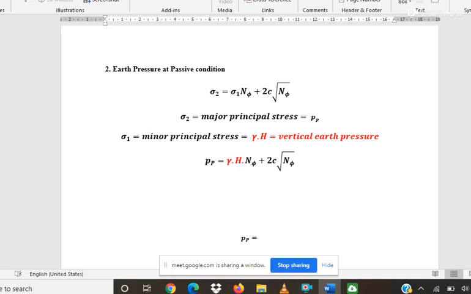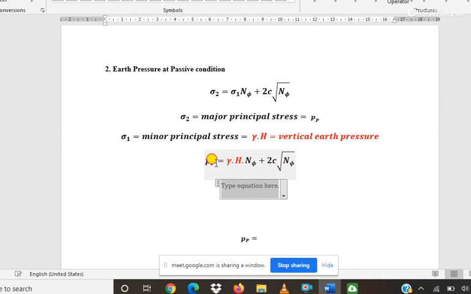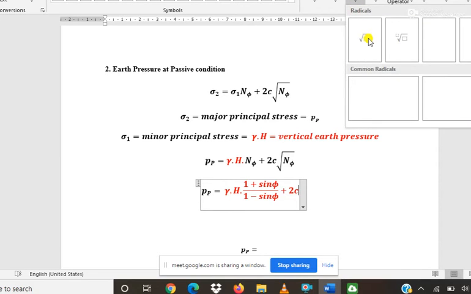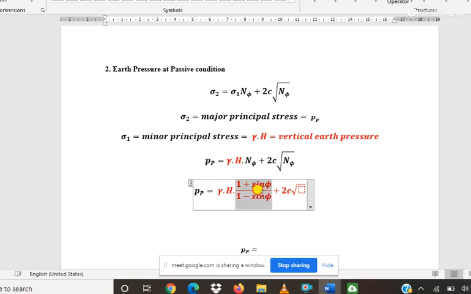1 plus sin phi divided by 1 minus sin phi, plus 2c root over of this one.